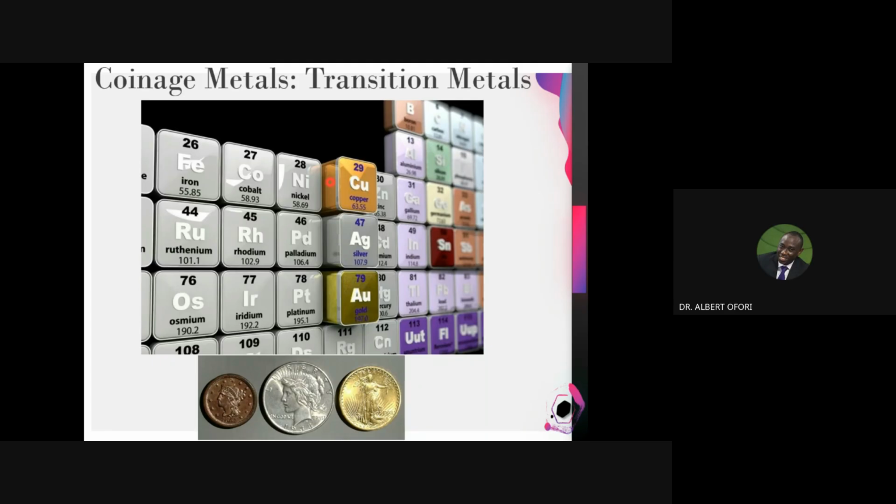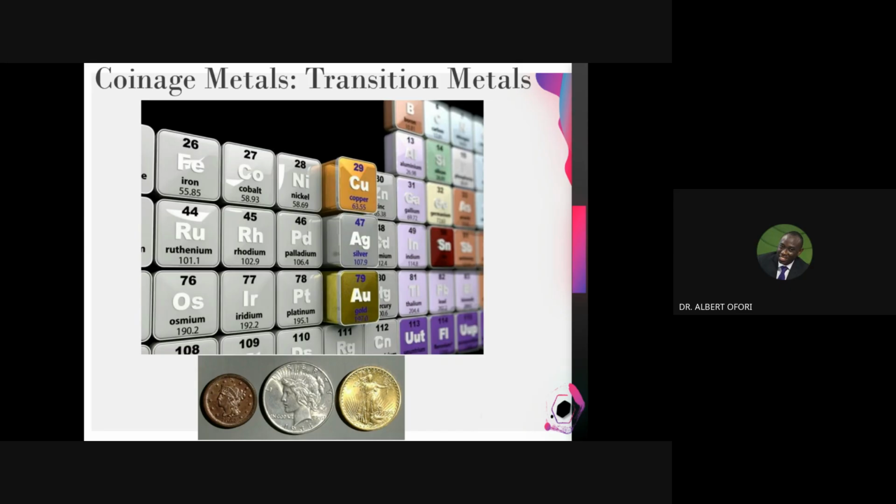Copper and silver and then gold are quite expensive. Later, we will consider the poisonous metals, which is the last group in the transition metals. We will not consider the rest of that. So let's look at those coinage metals.